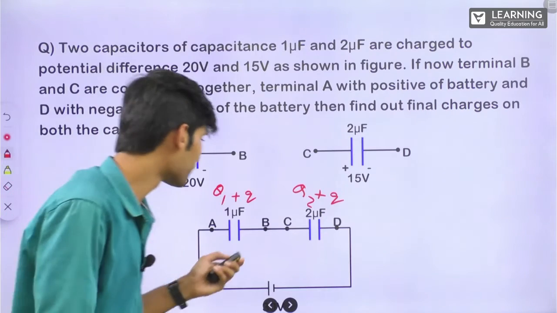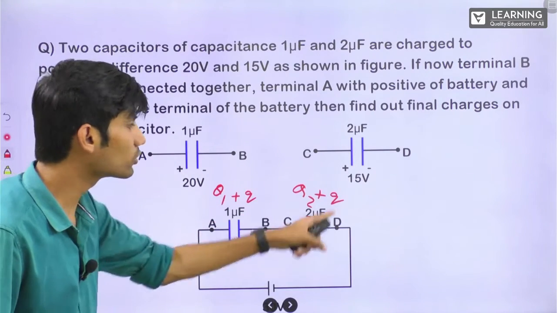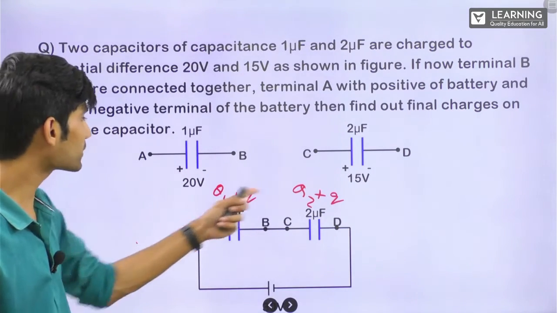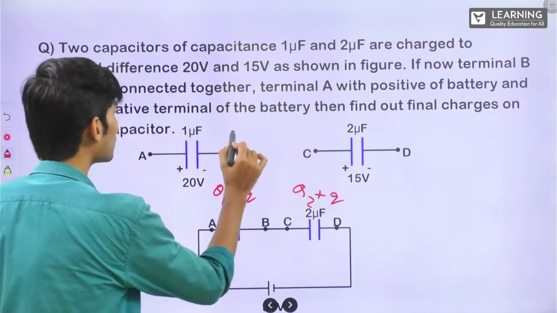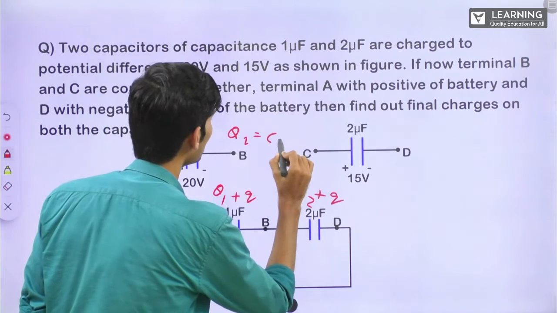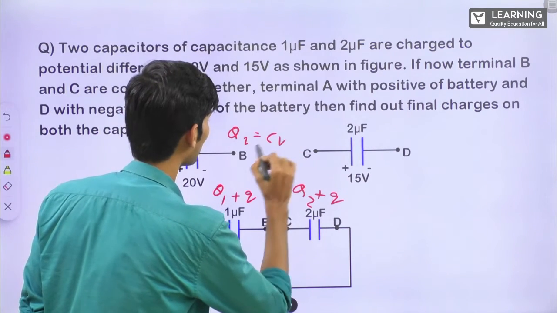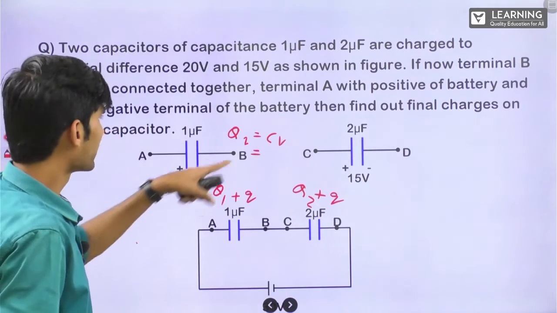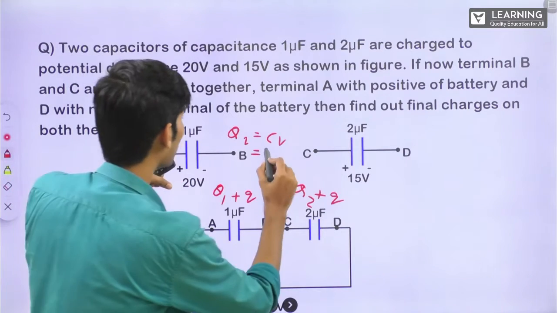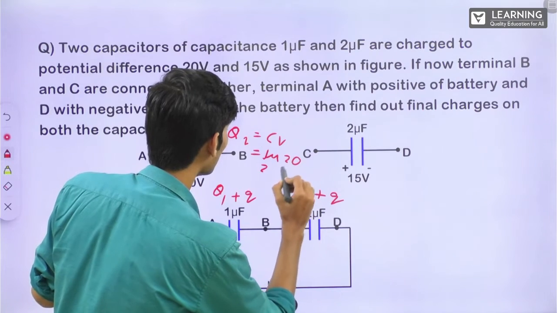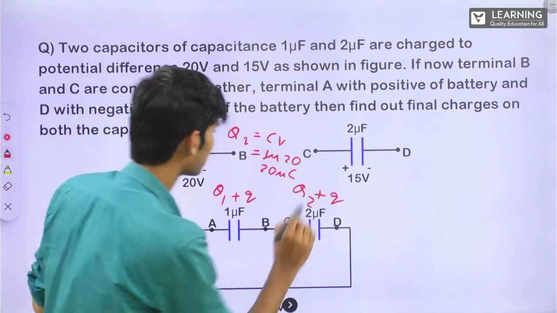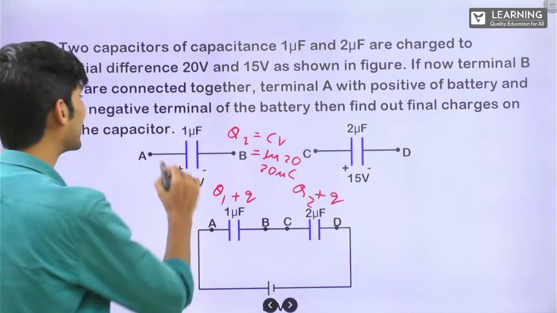Now, we have to find out how much this Q charge is. If we get this Q charge, we'll get the final charges. Now this Q1 is how much? Q1 will be equal to C into V. Here C is 1 microfarad and V is 20 volt. So this will be 20 microcoulomb. The charge on this is 20 microcoulomb.